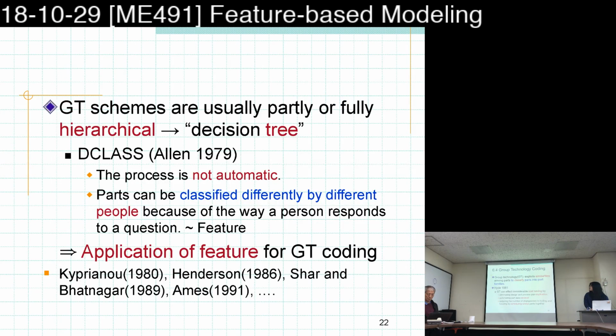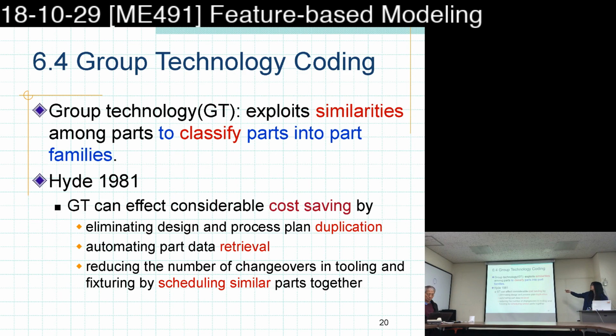In Hyde's research, this paper says that GT can effect considerable cost saving by eliminating design and process plan duplication, automatic part data retrieval, and reducing the number of changeovers in tooling and fixtures by scheduling similar parts together.